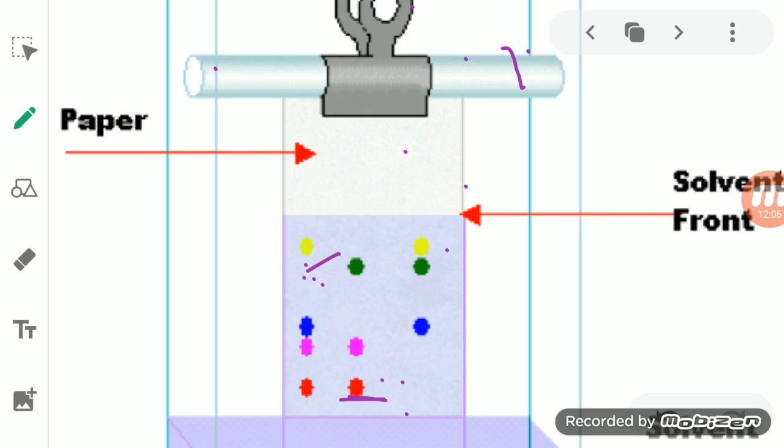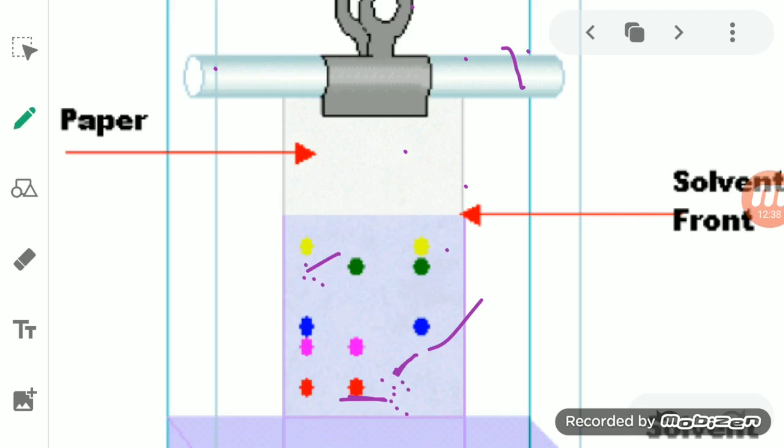Okay, so if suppose it has 2-3 colors, you see here a red color at the lower height of the paper, which shows that it is less soluble in the water. Then the purple ink spot shows that it is more soluble than the red spot. Then the blue color is more soluble than the purple and red spots.